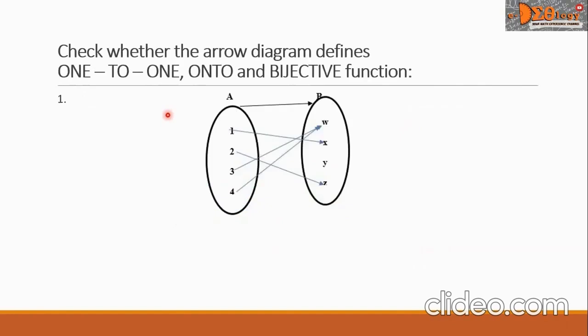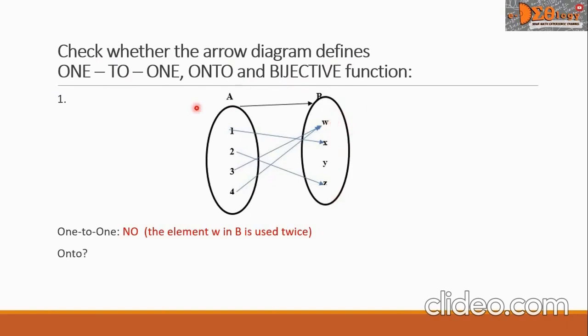Let us see more examples. Check whether the arrow diagram defines a one-to-one, onto, and bijective function. Look at the figure here. First, let us check if this is one-to-one. And we say no, because the element W in group B is used twice.